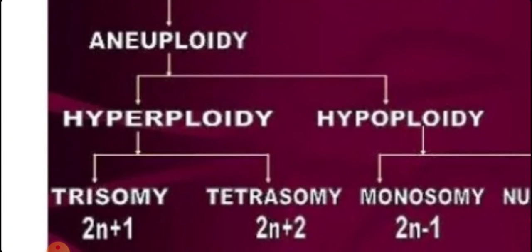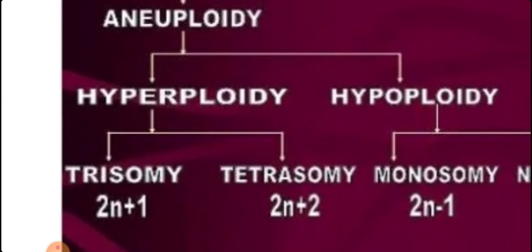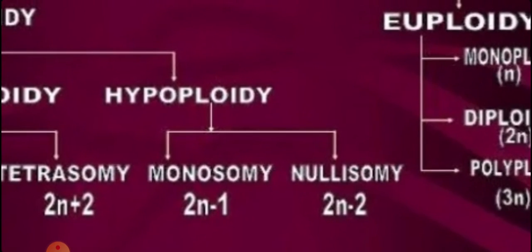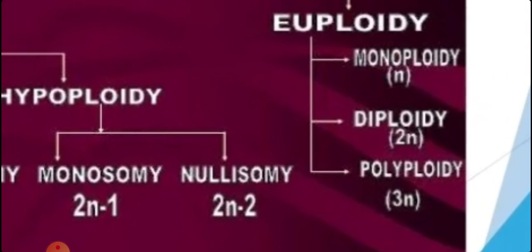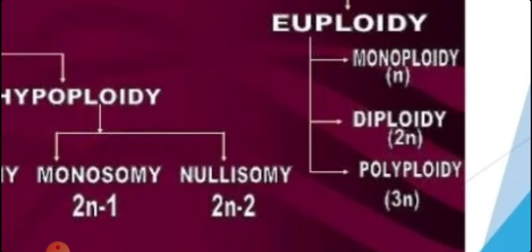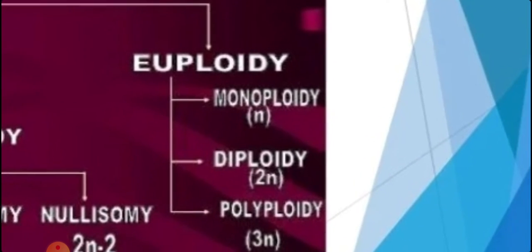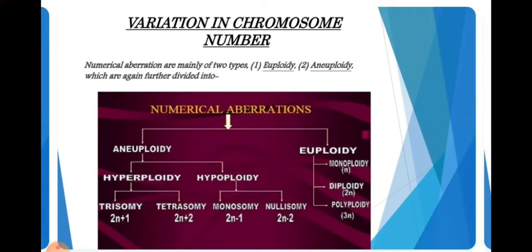In hyperploidy there are trisomy, 2n plus 1, and tetrasomy, 2n plus 2. In hypoploidy there are monosomy, 2n minus 1, and nullisomy, 2n minus 2. In euploidy there are monoploidy, n, diploidy, 2n, and polyploidy, 3n.